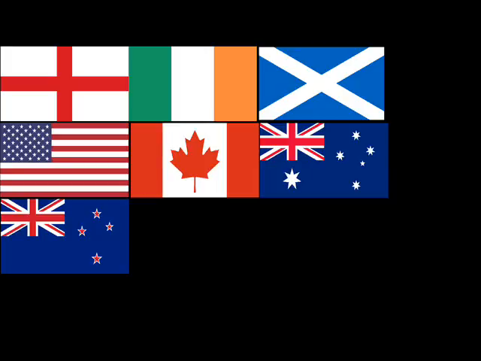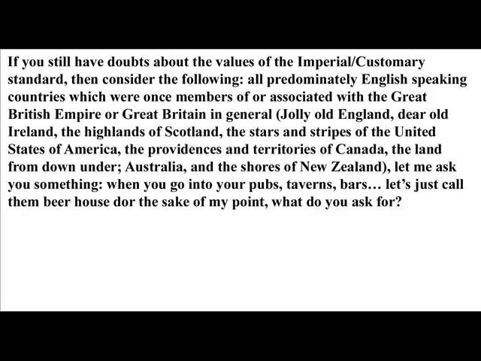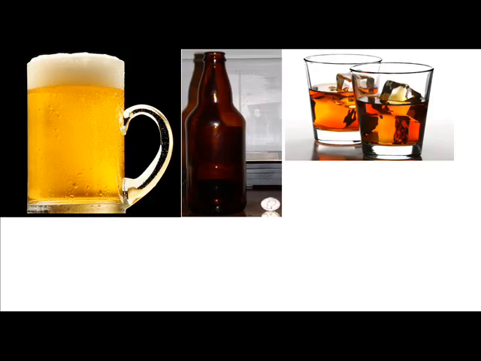Let me ask you guys something. When you go into your pubs, taverns, bars, let's just call them beer houses for the sake of my point, what do you ask for/order? You ask for a draft, pint, bottle, cup, a big cup, a mug, etc.